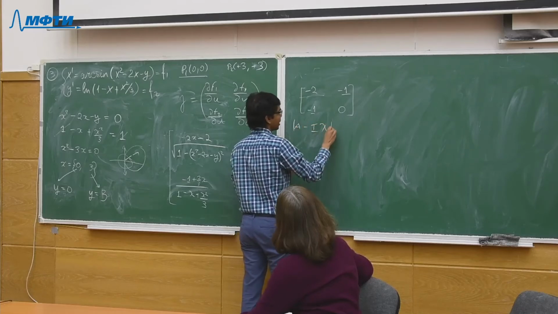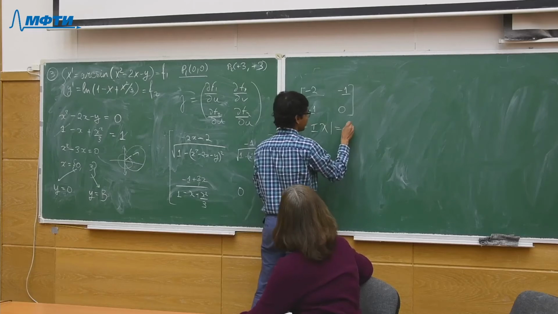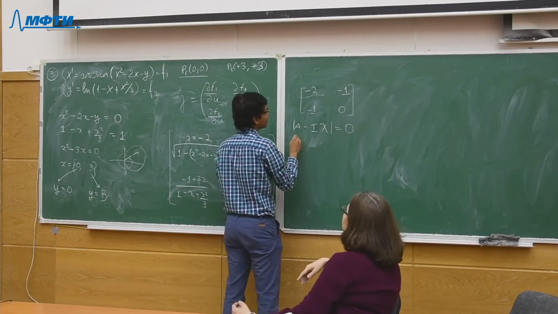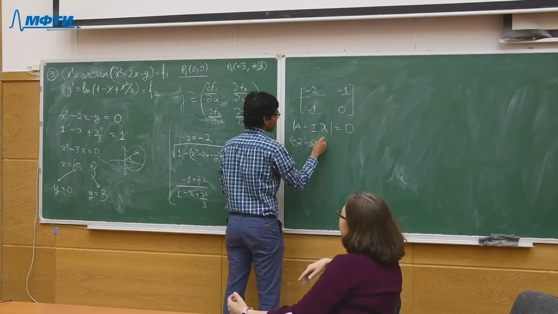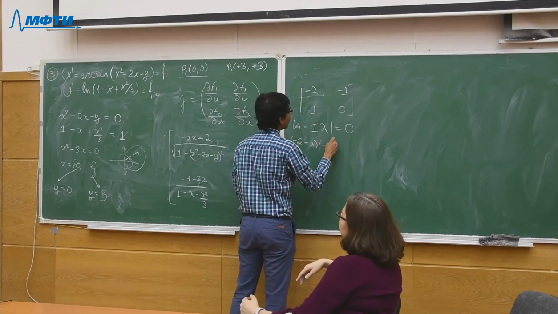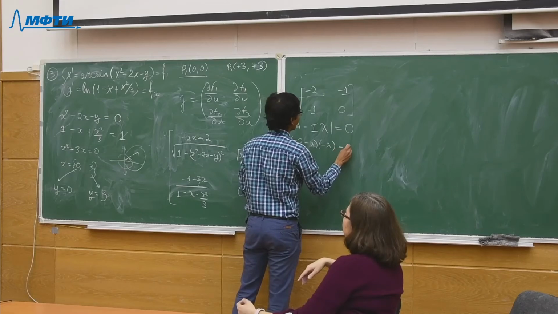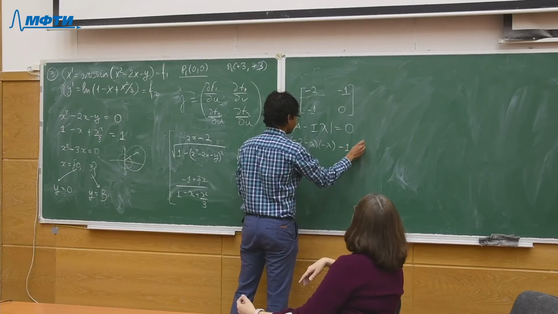A minus lambda I should be equated to 0 for finding the eigenvalues. So minus 2 minus lambda times minus lambda minus 1 equals 0.